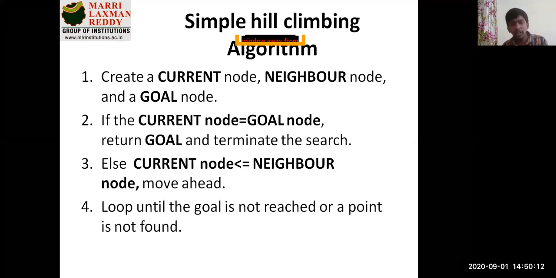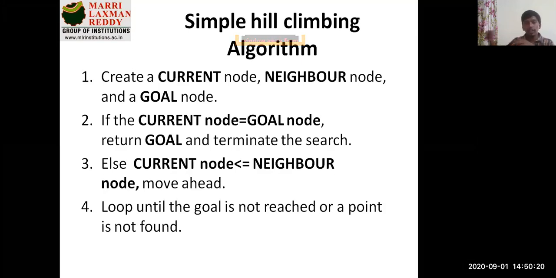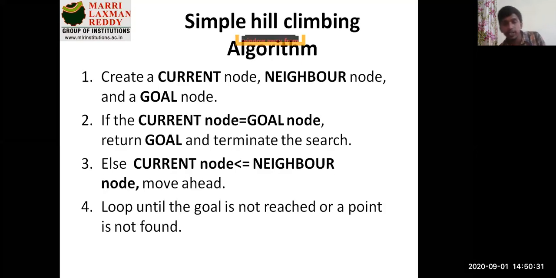And step 3, if you don't have the final goal node, you compare with the neighbor node. If you have a neighbor node, you move ahead and try to reach the goal node. Until then it will loop, and whenever you get the goal node, the algorithm stops. So this is the simple approach of hill climbing. As part of your examinations, this can be asked, guys.